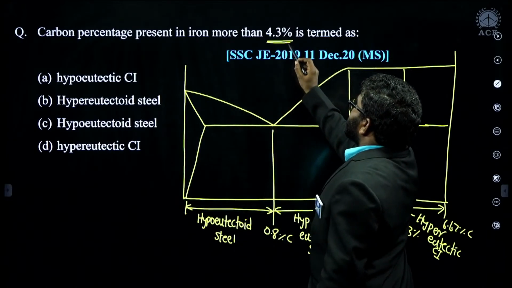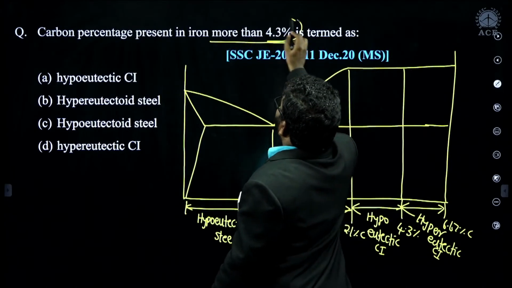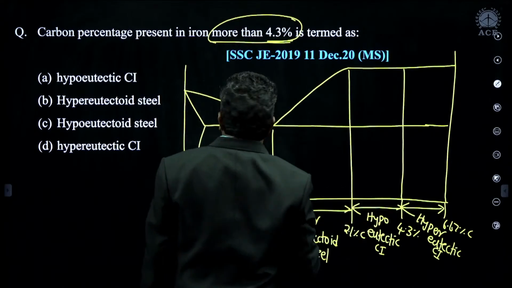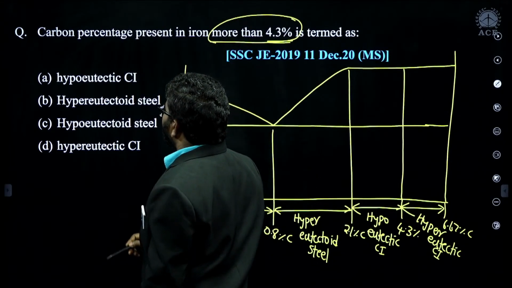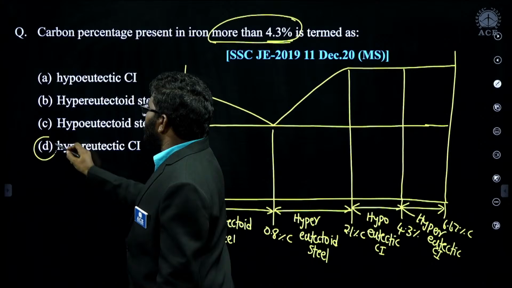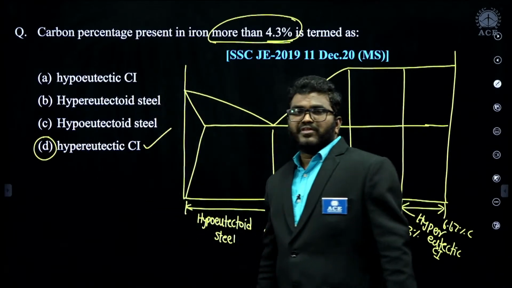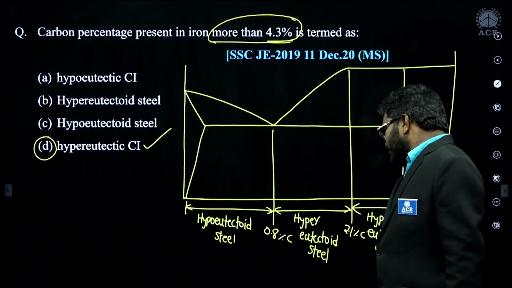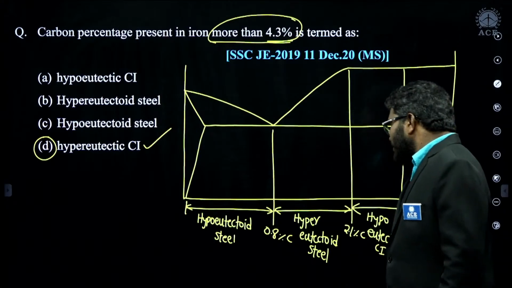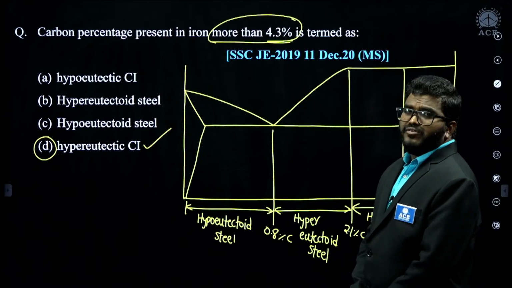So carbon percentage more than 4.3 is hypereutectic cast iron. D is the correct answer for this question.